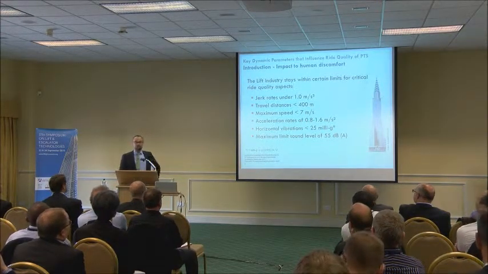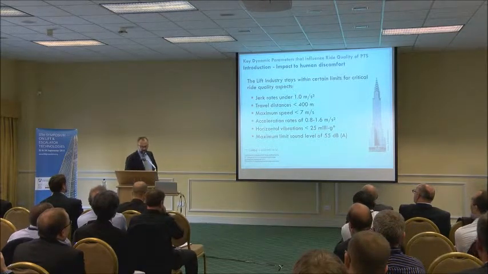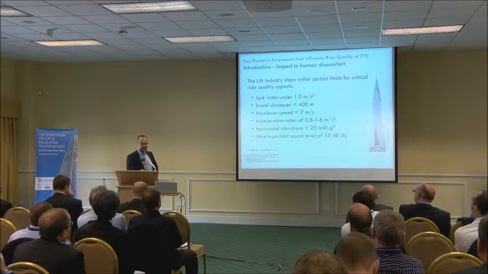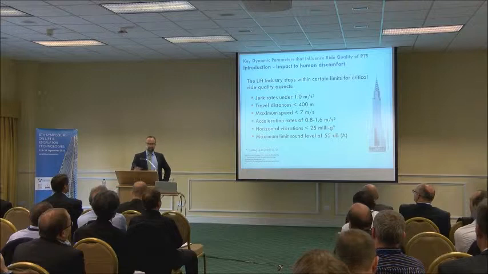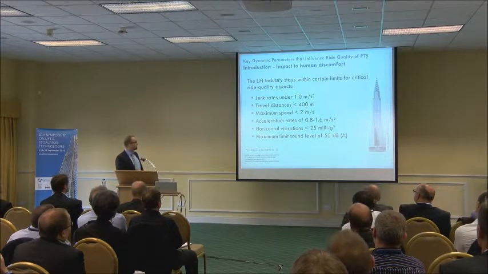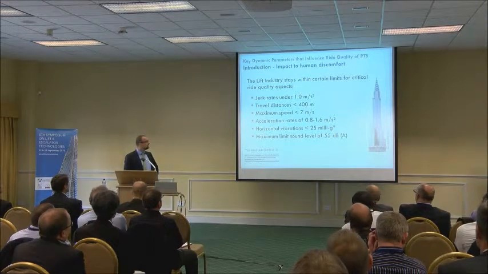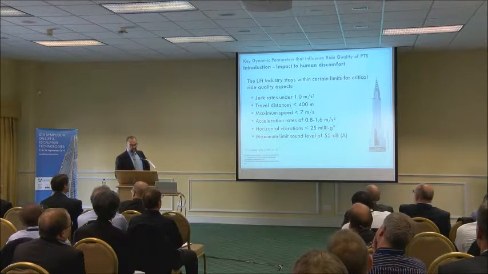For example, if we talk about speed, everything below 7 meters per second is assessed by the passenger as an acceptable speed. Acceleration rates from 0.8 to 1.6 meters per second squared improve passenger comfort.